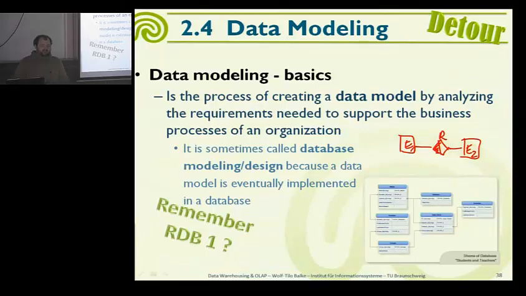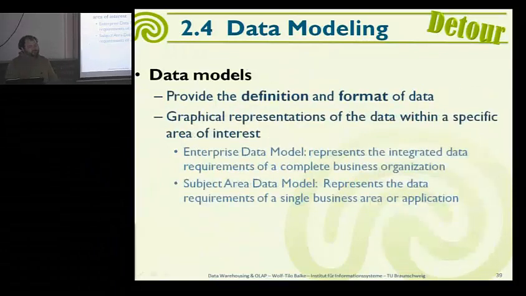This is basically logical database modeling. And that worked quite well. So the data model has a certain definition and defines the format of the data. It defines a class structure, if you want.